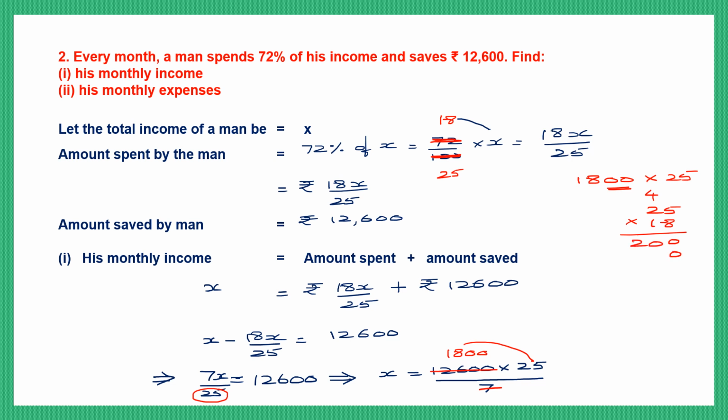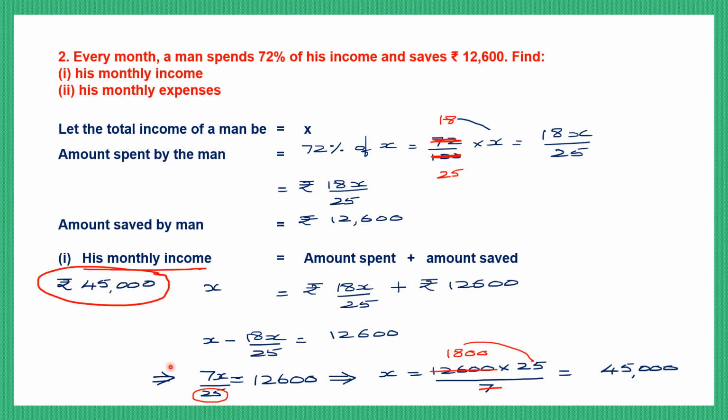Second step, you start with 1, and 1 fives are 5, 1 twos are 2. Add this up: 0, 5, 4. So 450, but now the two zeros are there, so it will be 45,000. So here x will be equal to 45,000. We have found the answer. x is equal to 45,000.